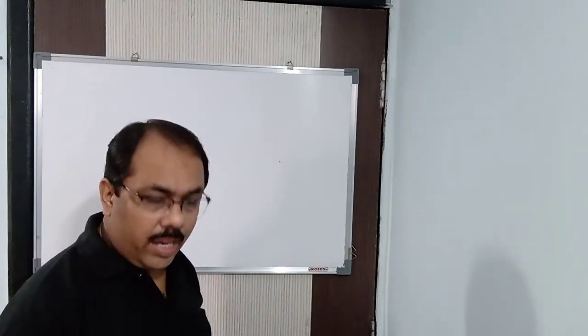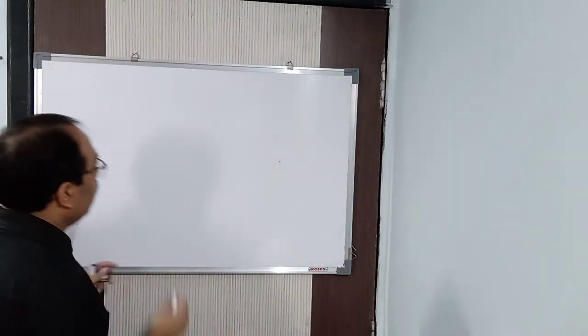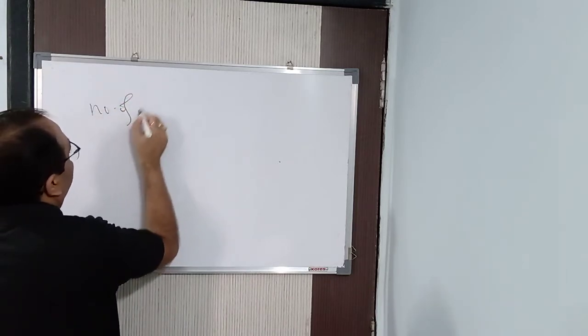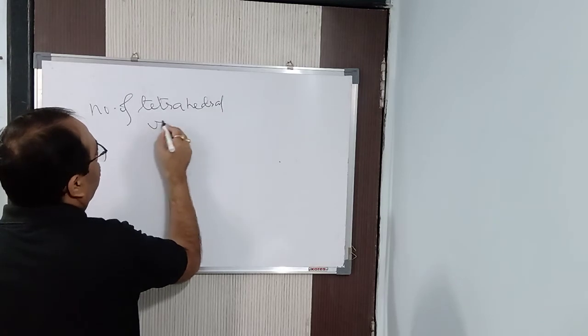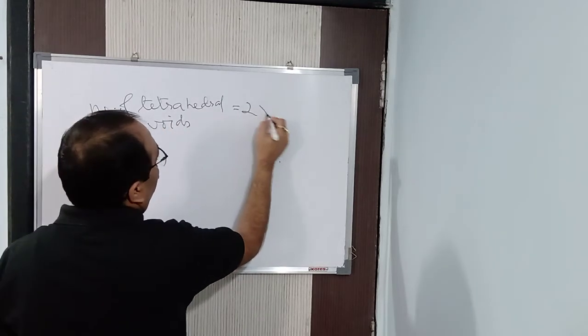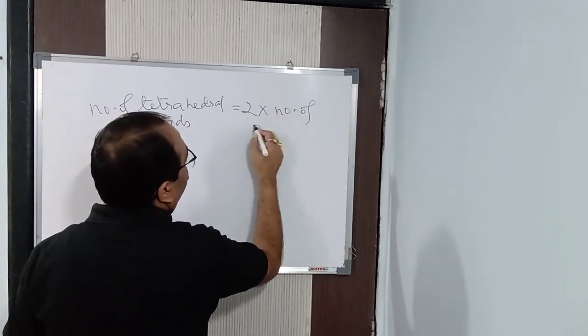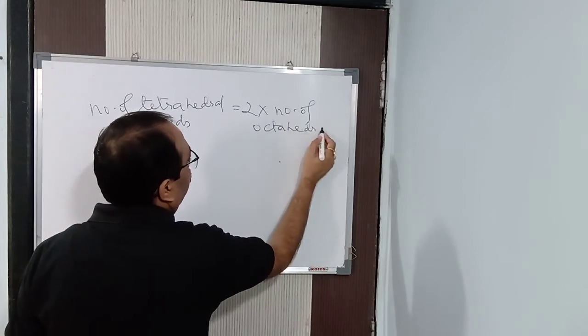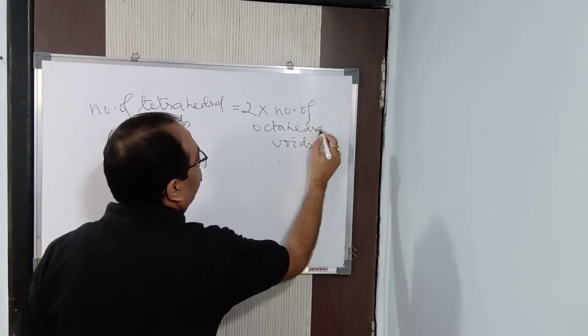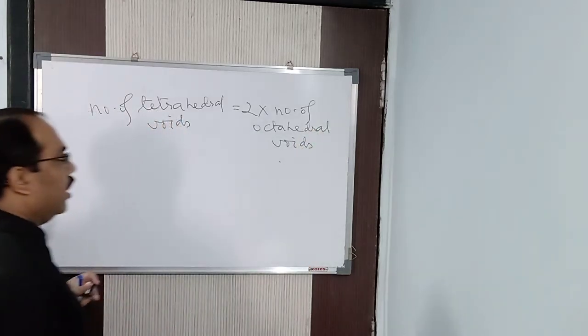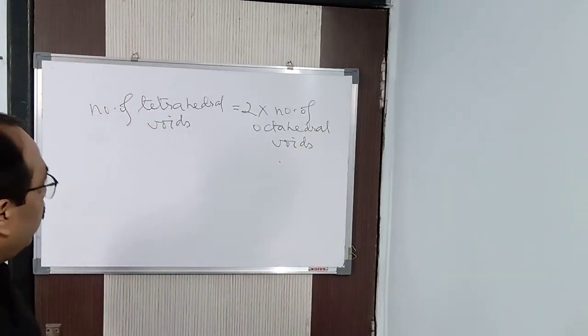Got it? So hence what we can say, listen very carefully, is that the number of tetrahedral voids is equal to 2 into the number of octahedral voids. Number of tetrahedral voids, listen carefully children, is 2 into number of octahedral voids.